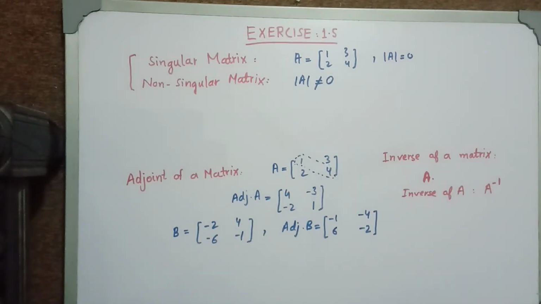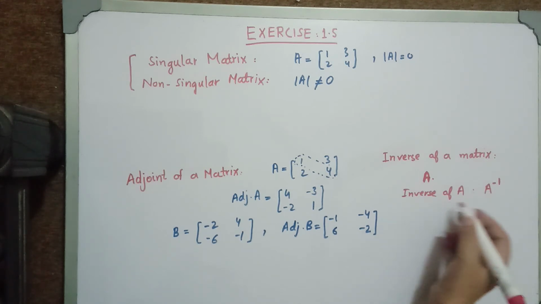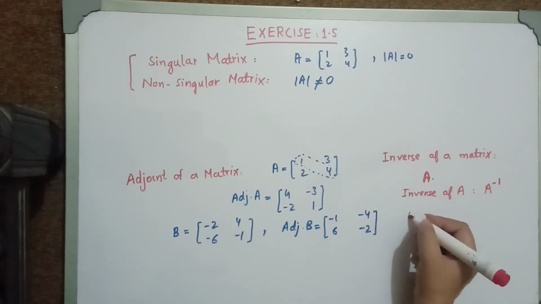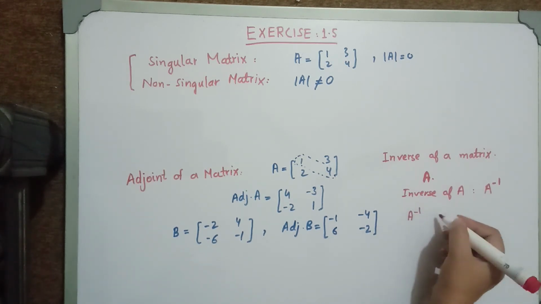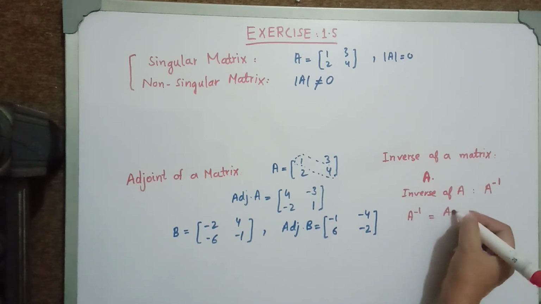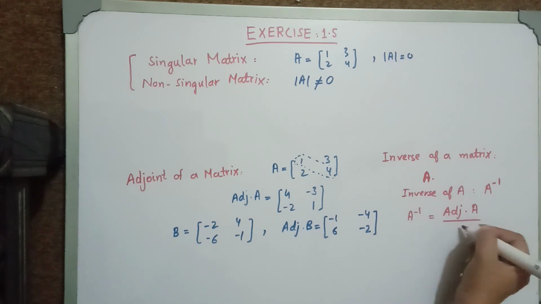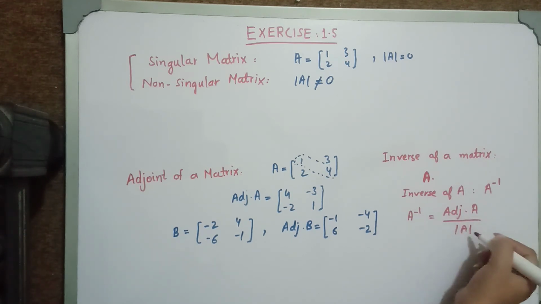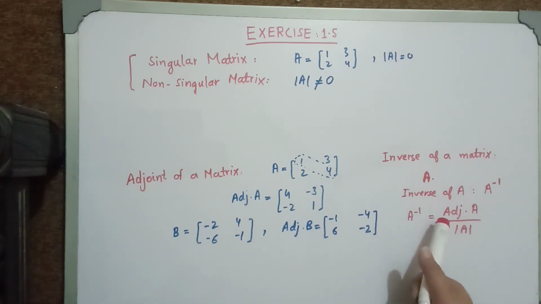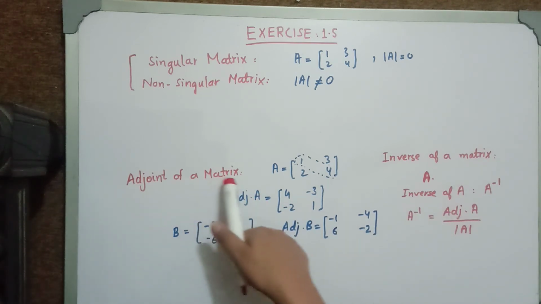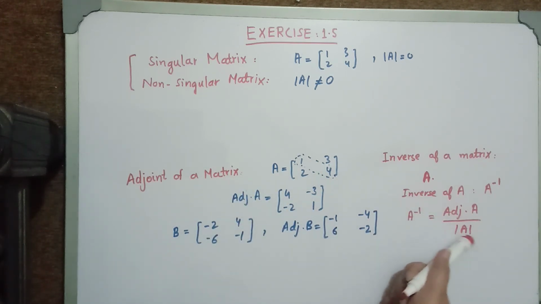Okay, so now let's see, how do we find the inverse? To find the inverse, we have the formula: A inverse is equal to adjoint of A divided by determinant of A. Now you know how to find the adjoint of a matrix, as well as the determinant of a matrix.